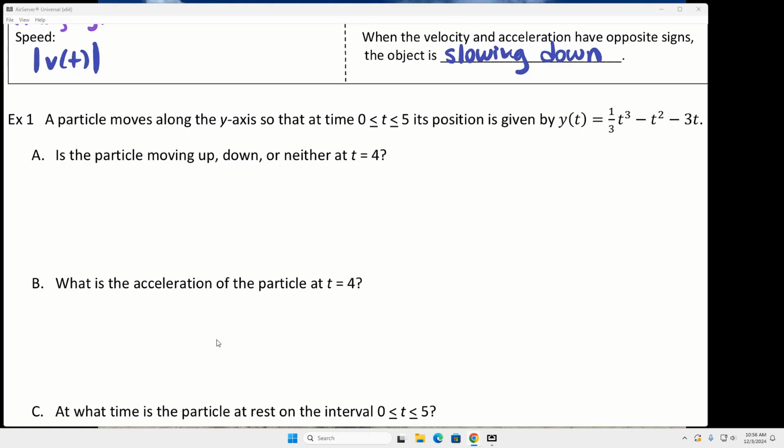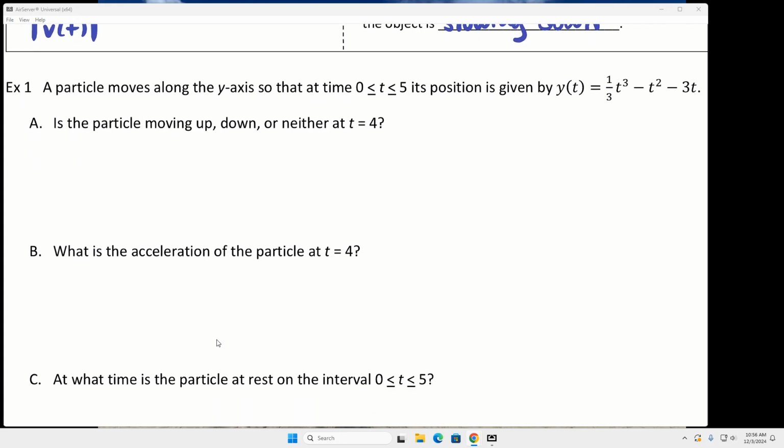So we have a particle moving on the y-axis only between time 0 and 5. And we have the position function. And so we want to know if the particle is moving up, down, or neither at t equals 4. So what do we need to make that decision? Velocity.